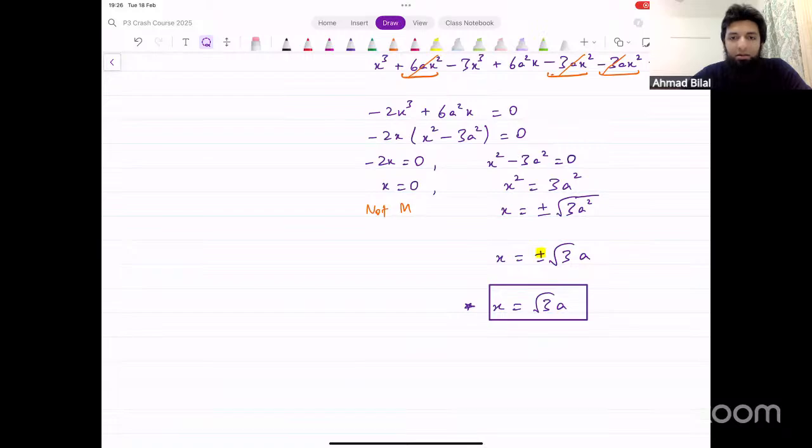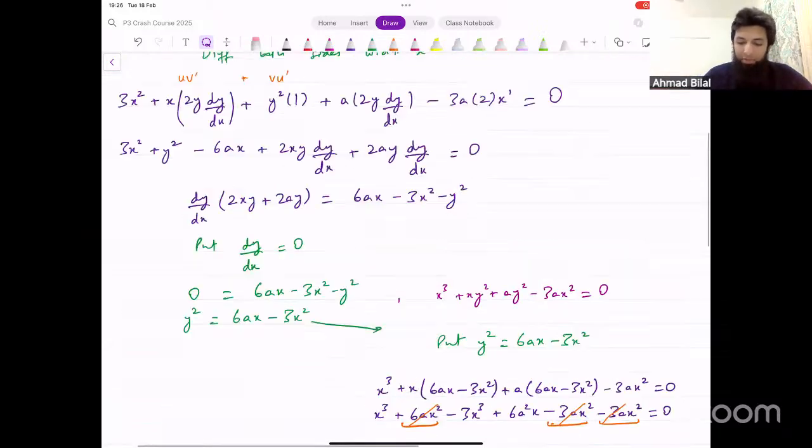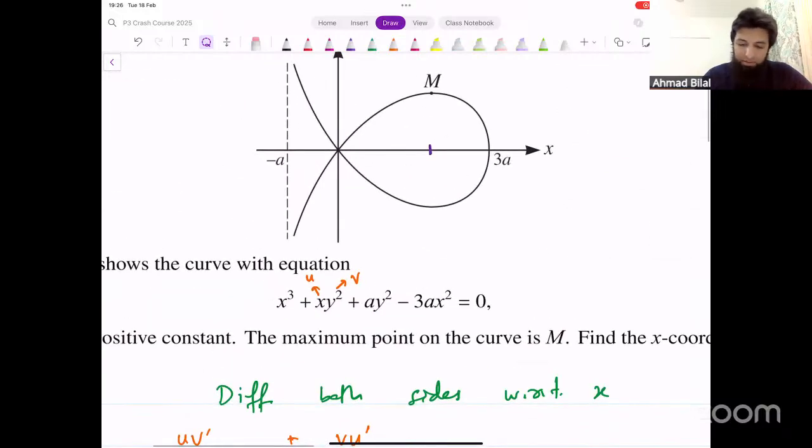Sir, yes, according to this working, x equal to 0 would also have a stationary point. No, actually, what's happening is, at x equal to 0, you have this curve going downwards like this.